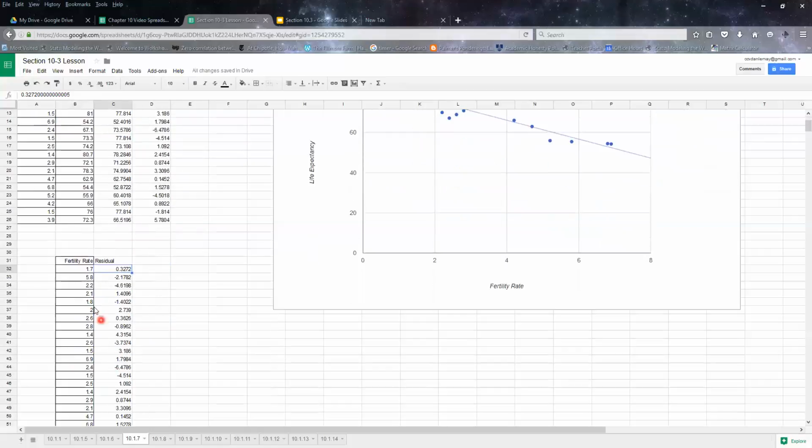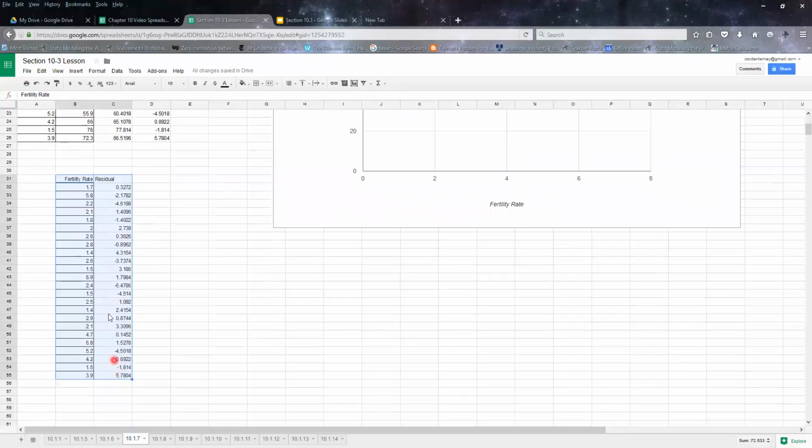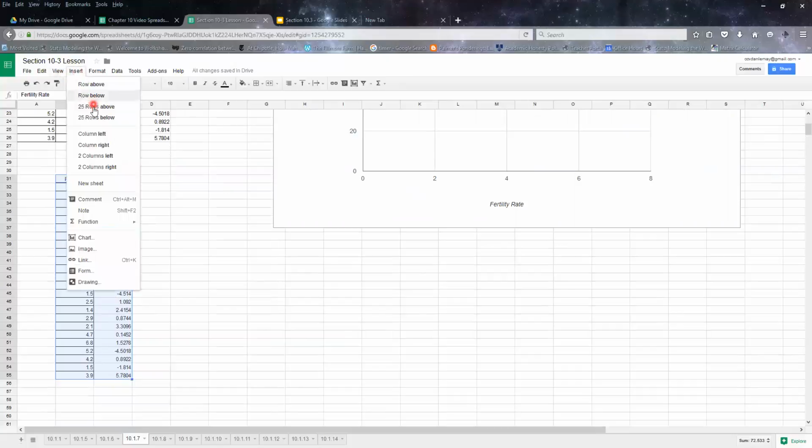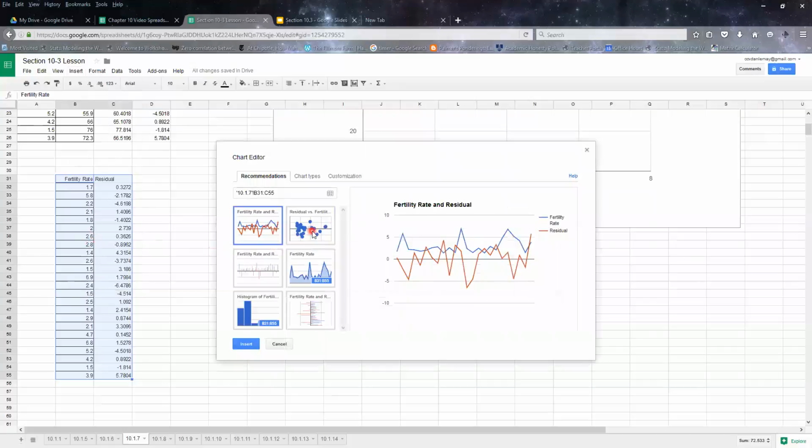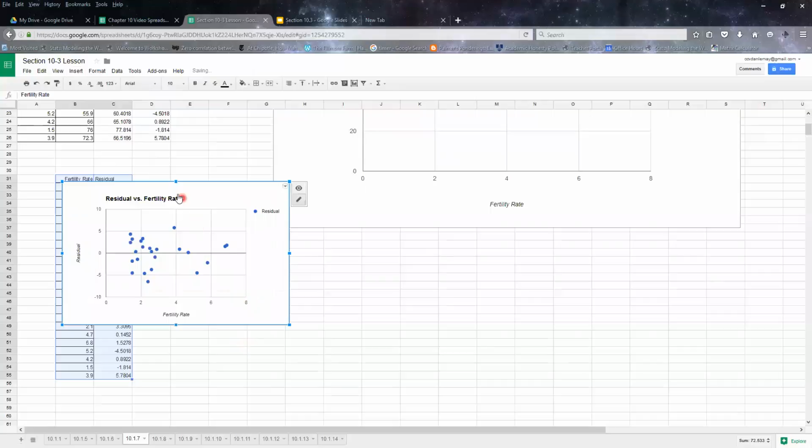And there are my residuals. Now I'm going to insert my residual plot. I've selected fertility rate first, so it goes on the x-axis. I'm going to insert chart, scatter plot. You won't do too much labeling.